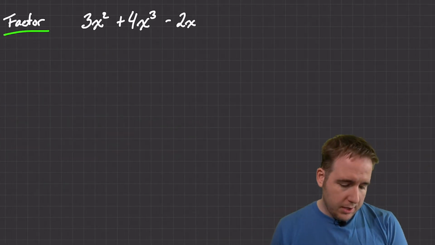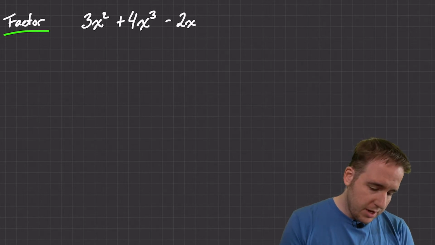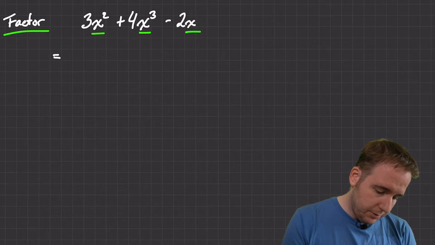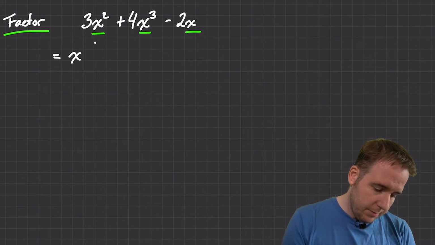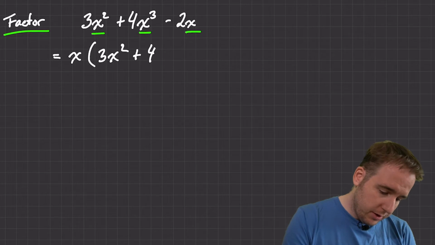There we go. So let's see. Noticing all of these, there are three things, and each one has an x. So I can pull out an x. So common factoring, 3x squared plus, no, I'm sorry, that's not squared.